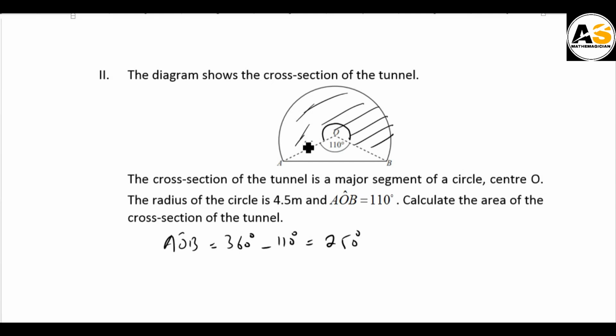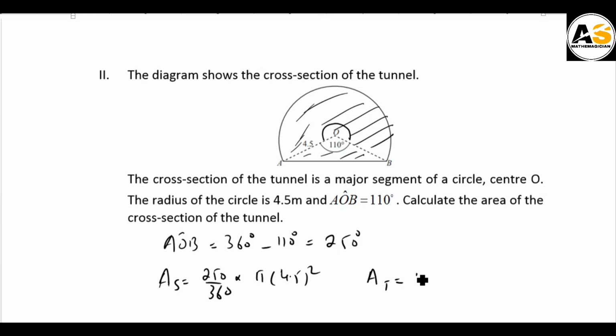So what will be the area of this major sector? Area of sector will be 250 over 360 into pi r square. And what will be the area of this triangle? We will use the sine rule.